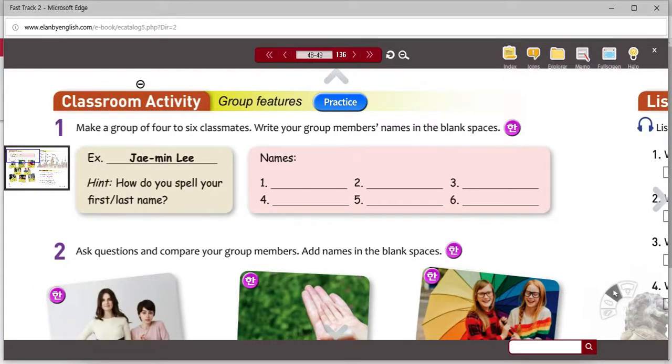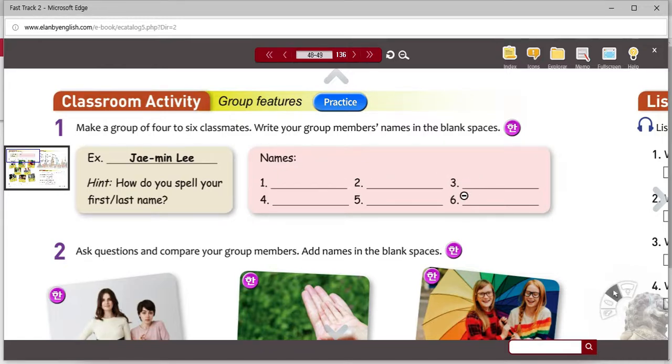Okay, this last activity was a popular activity in your classroom classes. You can try this with a group of people. Don't sit too close together. Or you can use it if you're at home alone. What you can do is think of six people that you know. I'm sitting at home alone, so I'm going to think of six of my friends.